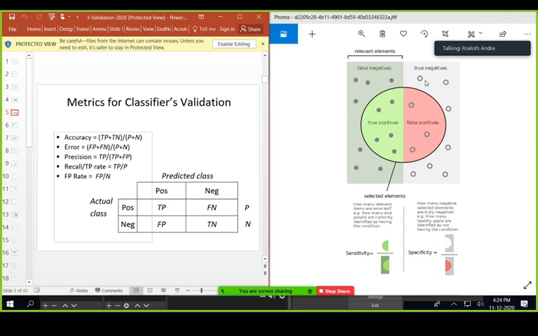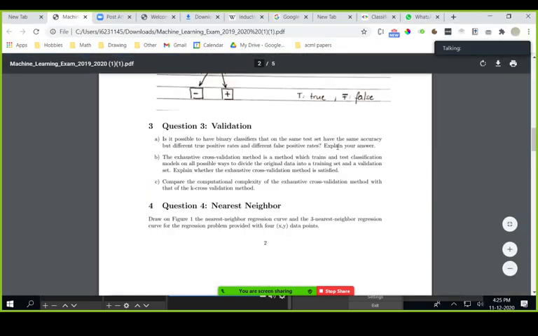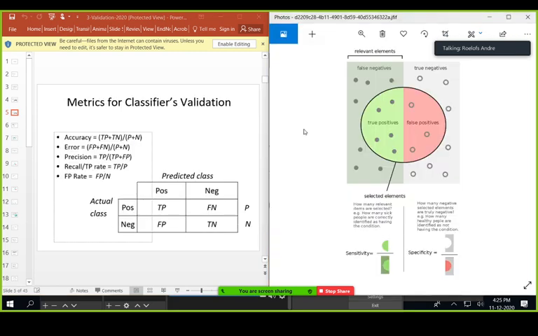However, if they have both different rates of true positives and false positives, I already forgot what they were asking. True positives and false positives, then we can simply keep this sum at 10, so 5 plus 5 from one classifier, and then the other classifier would, for example, say 6 plus 4.